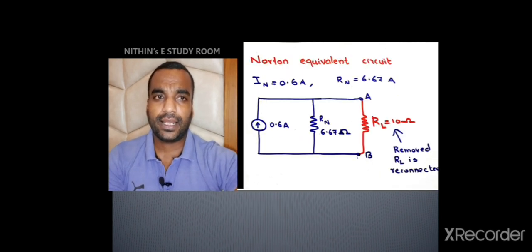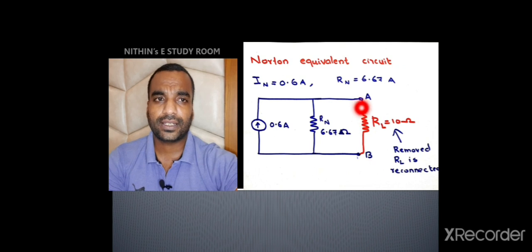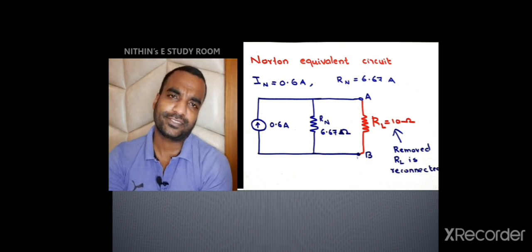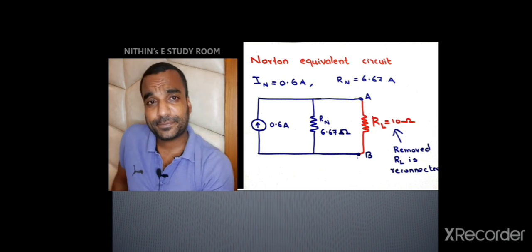Okay, and you want to find the current through this RL. Simply you know that here we are having a 0.6 ampere current, and that is getting divided into this branch of 6.67 ohm and this branch of 10 ohm. So what is the rule or what is the law you need to apply?